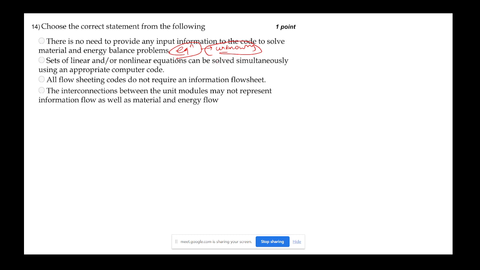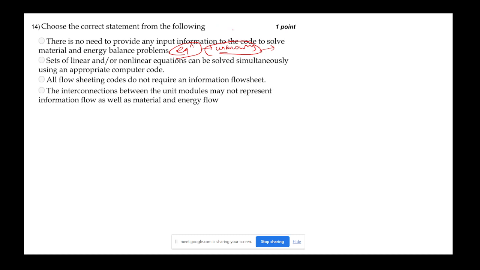You don't know anything else, or you don't know the equations and you just have some variables with it. Because you don't have input information, you will not be able to write the equations, and based on that you will not be able to solve.